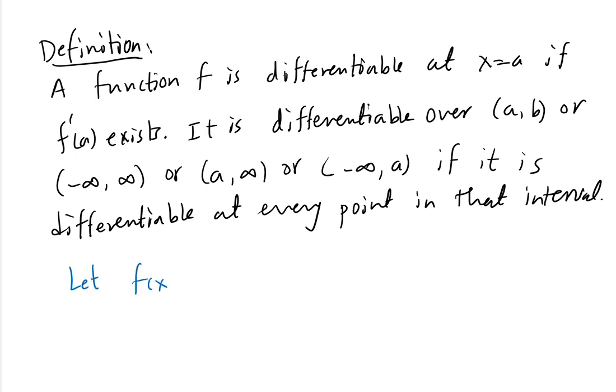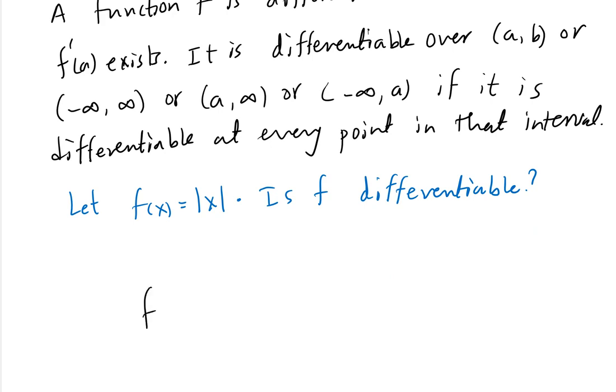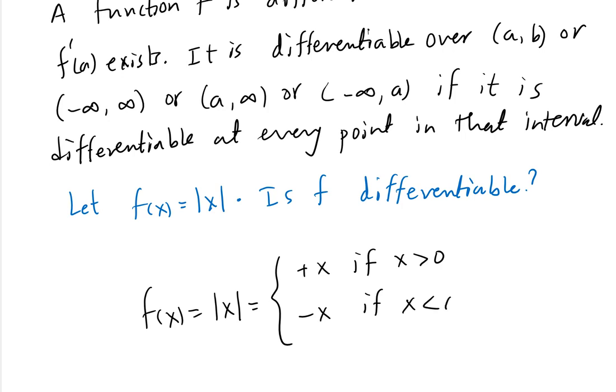Say that f of x equals the absolute value of x. Is f differentiable? Well, what is f of x equals absolute value of x? This can be rewritten as plus x if x is positive, or negative x if x is negative. So we have two different functions.